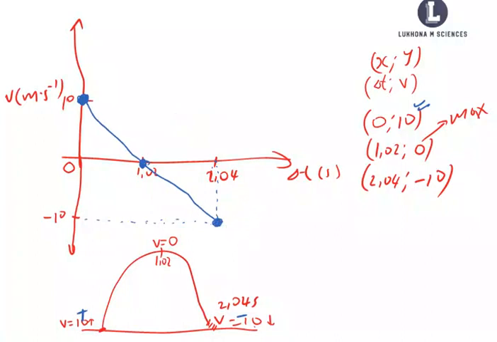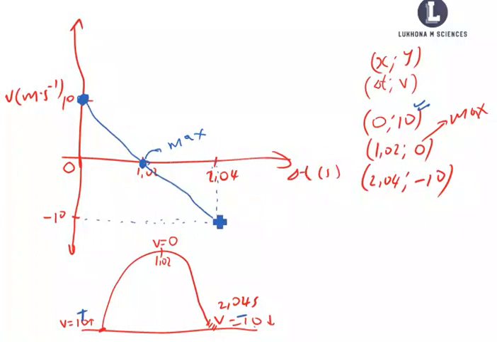Okay, then we're done. Now another thing that you need to know is that once it intersects here, which means it was thrown vertical upwards, this is the maximum point. The y-intercept is the maximum point. So it was thrown vertical upwards.